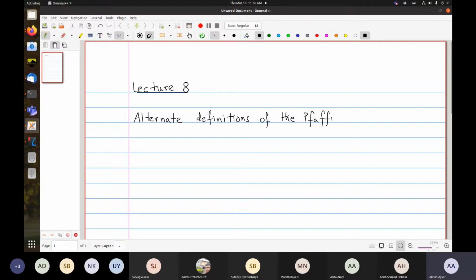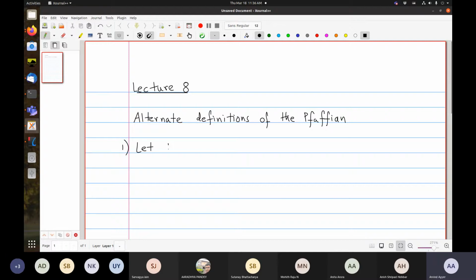So I will again not prove them, but these are good to know. People define them in this way as well, so that if you see them, you know what's going on. So first is the following.